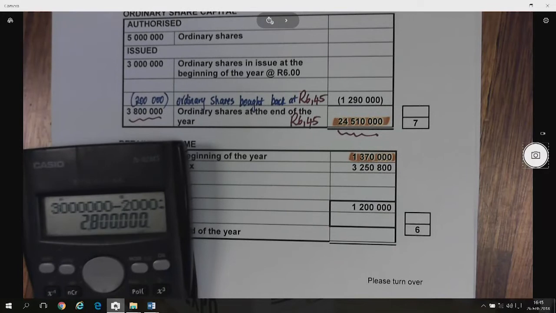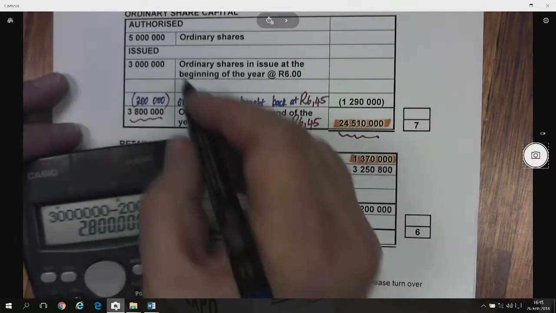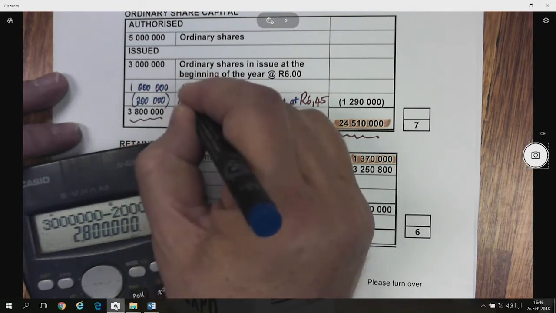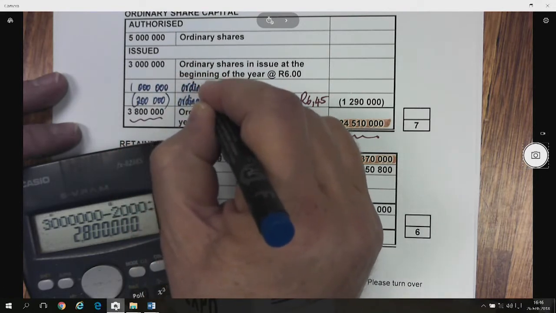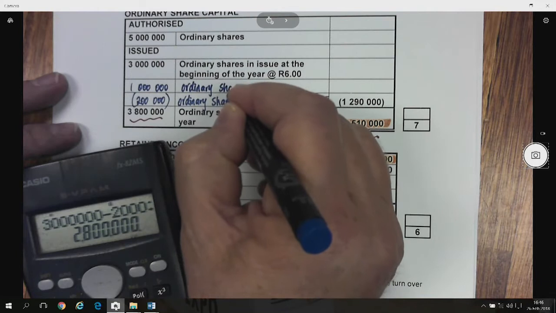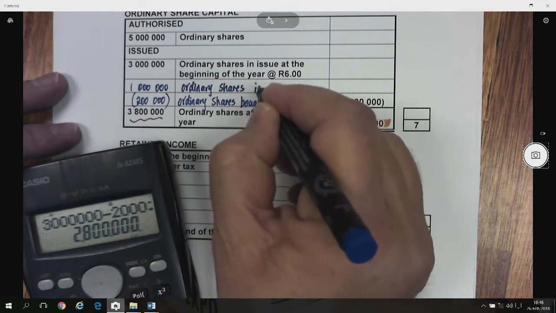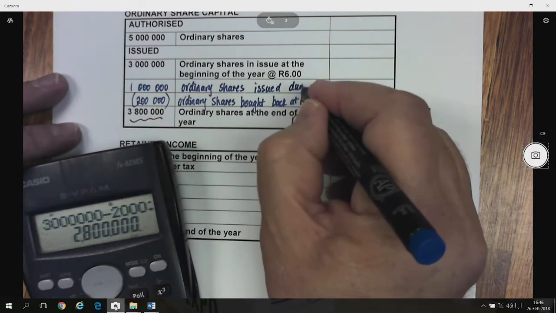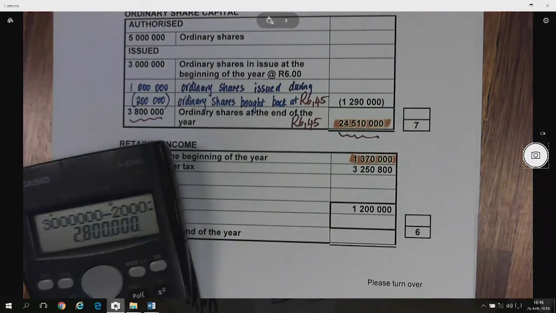The answer at the end of the day is 3,800,000. So there was 1 million ordinary shares issued during the year. We are looking for an amount.